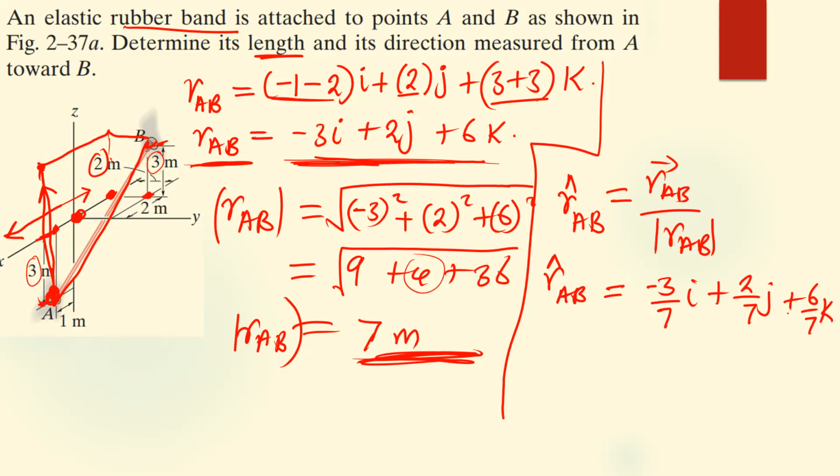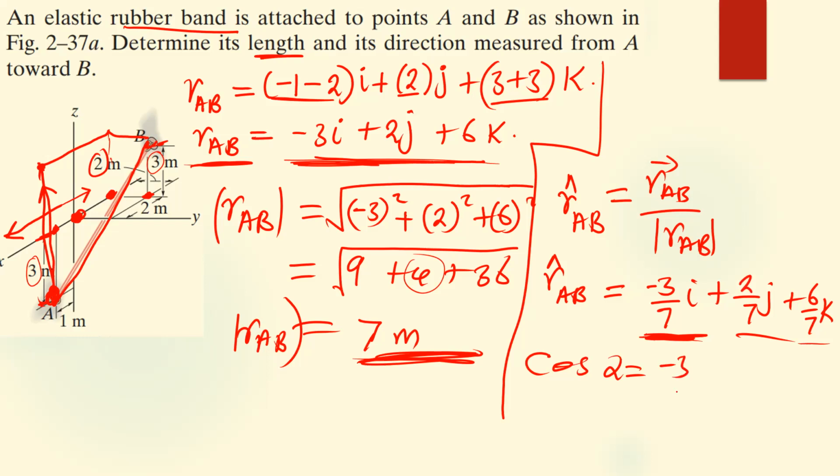Once you do the division, you can now just find the direction cosines of whatever you found there. The first direction cosine, which is cos alpha, is going to be taken from there.